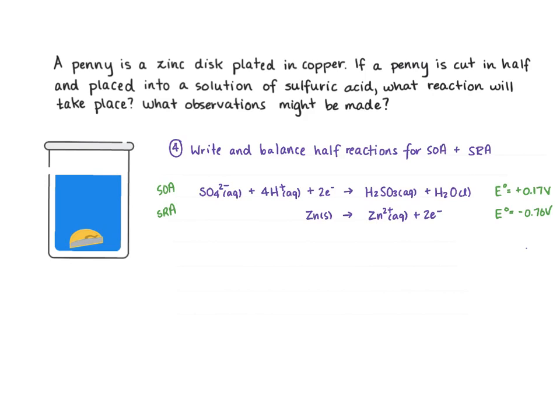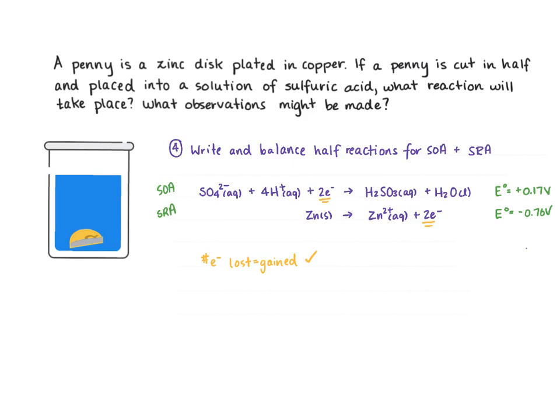So we need to balance these reactions against each other, and we're going to do that by making sure that the number of electrons lost is equal to the number of electrons gained. So if we look here, we lose 2 electrons in our zinc half reaction, we gain 2 in our sulfate half reaction. So that is good. We can add these two reactions together now.